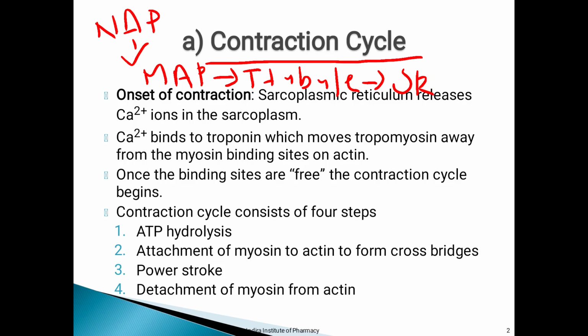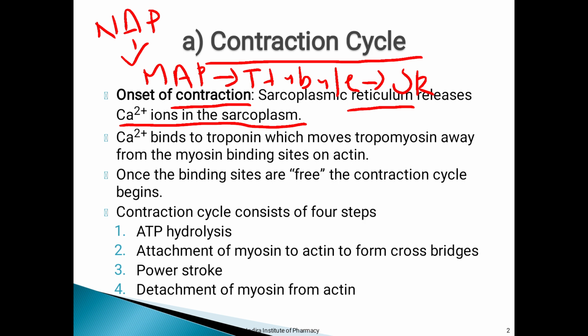The onset of contraction starts when the sarcoplasmic reticulum releases calcium ions into the sarcoplasm.